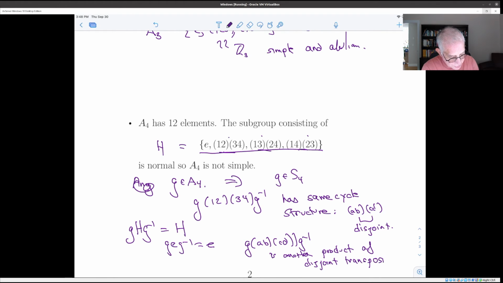So it's not only true that this is a normal subgroup of A4, but it's a normal subgroup of S4. Because, actually, to be normal in A4, you have to show just that it's closed if you conjugate by even permutations. But in fact, if you conjugate by any permutation, this is a subgroup.